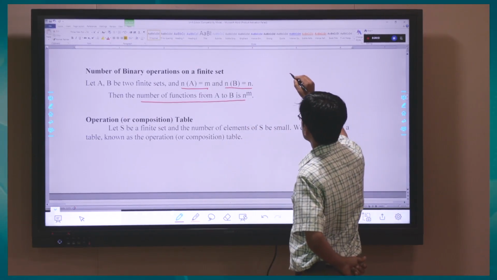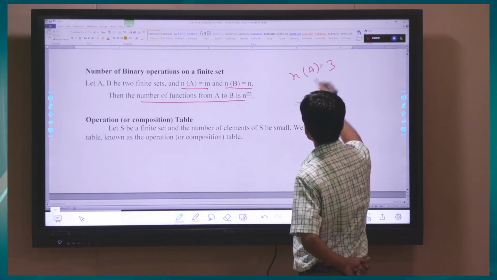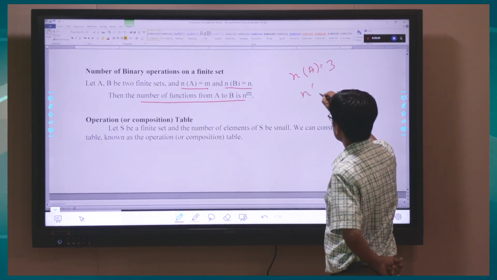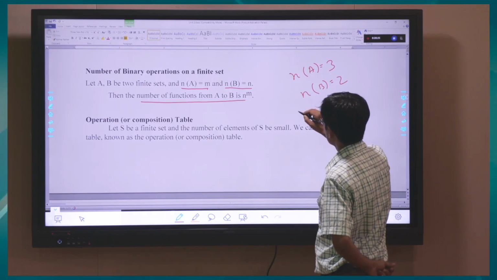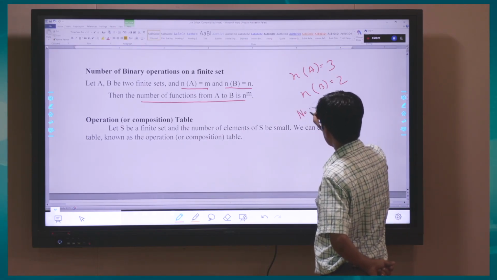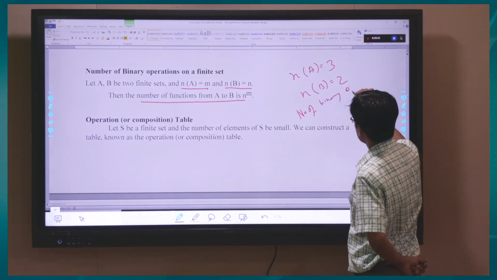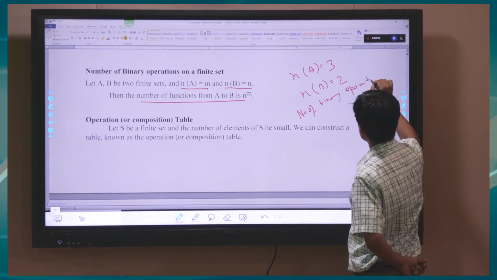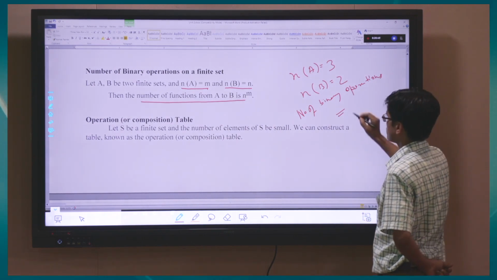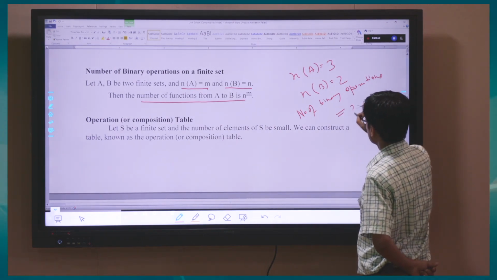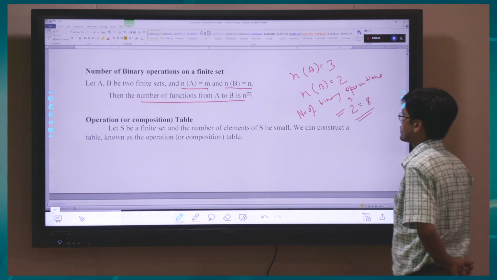Suppose the number of elements of A is 3 and the number of elements of B is 2, then the number of binary operations will be 2 to the power 3, which means 8. So there are 8 binary operations from A to B.